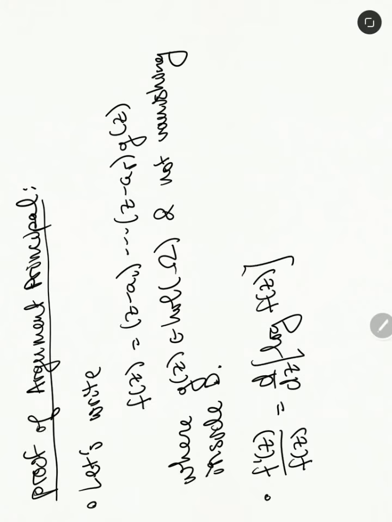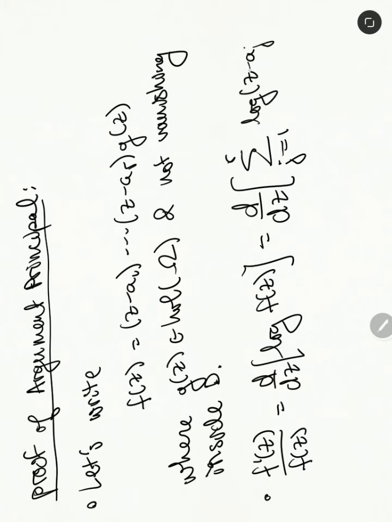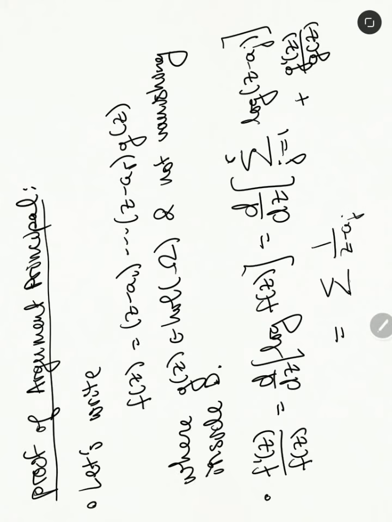And this is just the sum of logs like so, and this is equal to the sum plus the logarithmic derivative here of this guy, and so this is the sum of 1 over z minus aj, j equal to 1 up to r, plus g prime z over g of z.